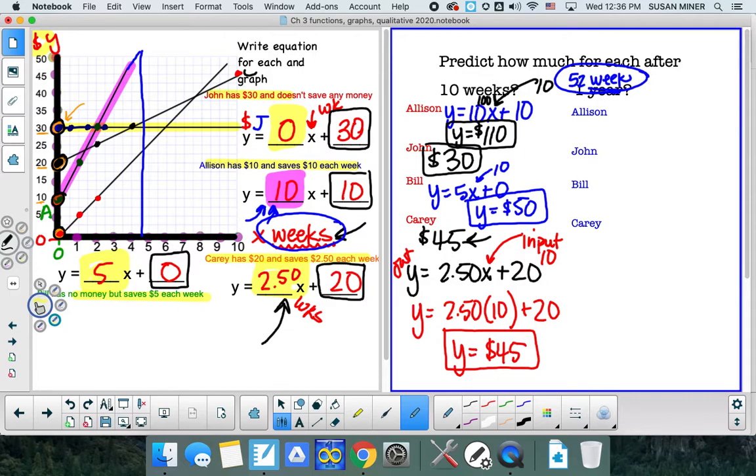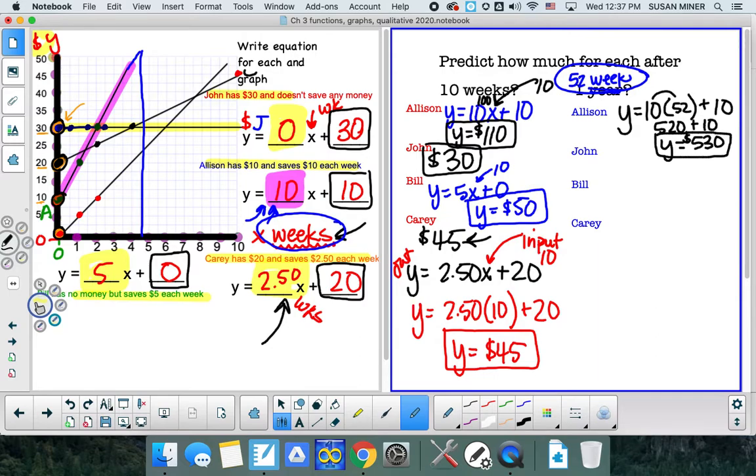And so now my input is going to be 52. So I'm going to use my same equations, but this time my input is going to be 52 instead of 10. So I'm going to get 10 times 52 is 520 plus 10 more is going to be $530 over a year's time for Allison.